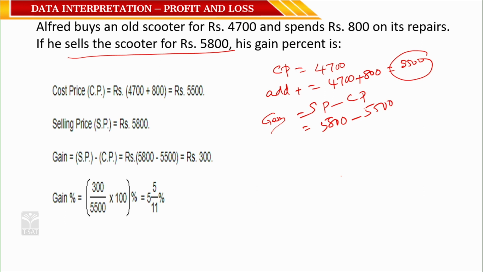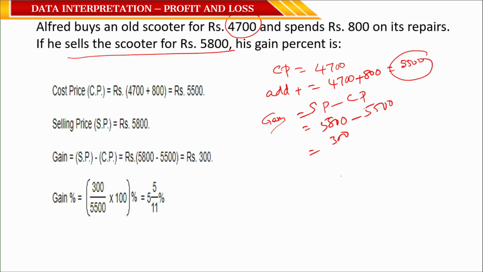The given cost is 4,700 only, but he added 800 rupees, so 4,700 plus 800 is 5,500. So the selling price is 5,800 and the cost price is 5,500. So it is simply 300 rupees. This is the gain.